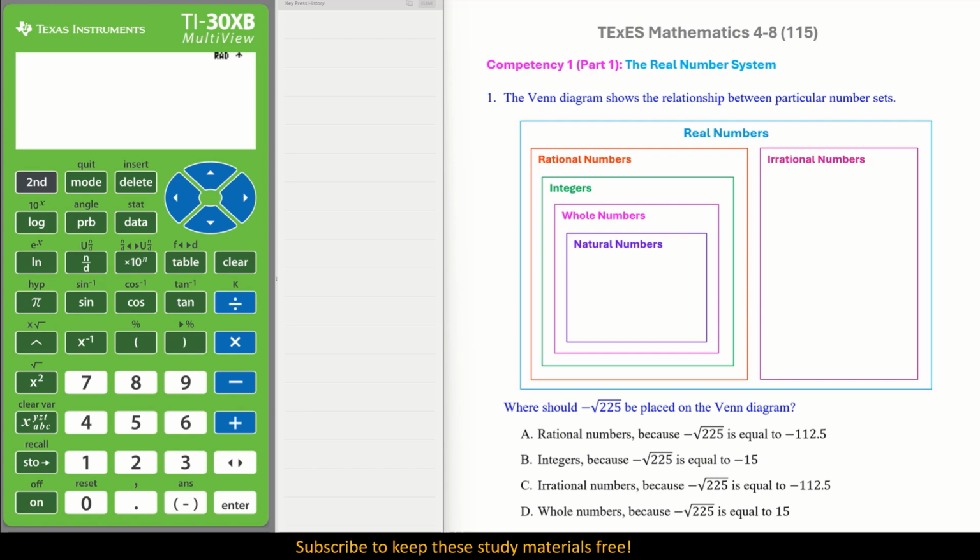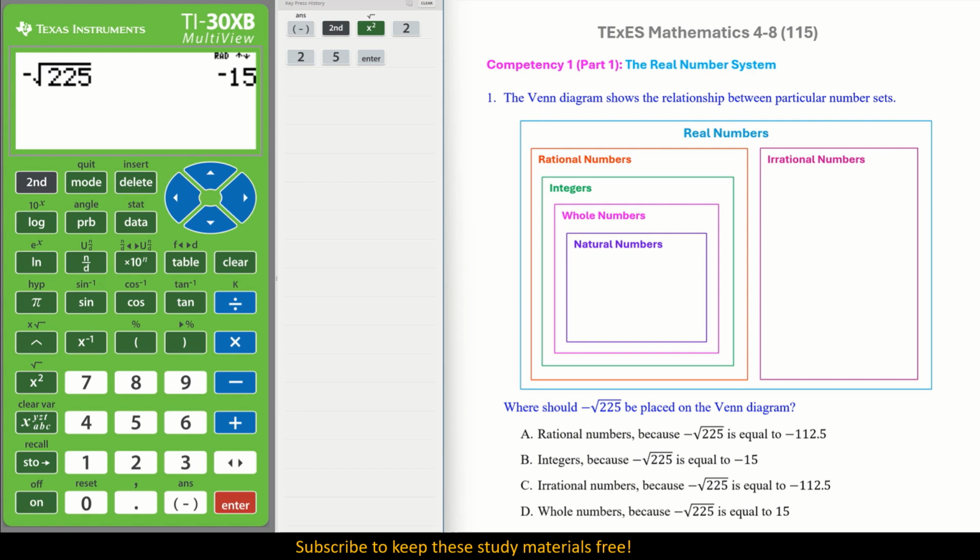Let's push negative first. Negative, and then second, and then we need that square root, which is just above x to the second power. Now we enter 225. Push enter. Notice that's an integer. How do I know it's an integer?